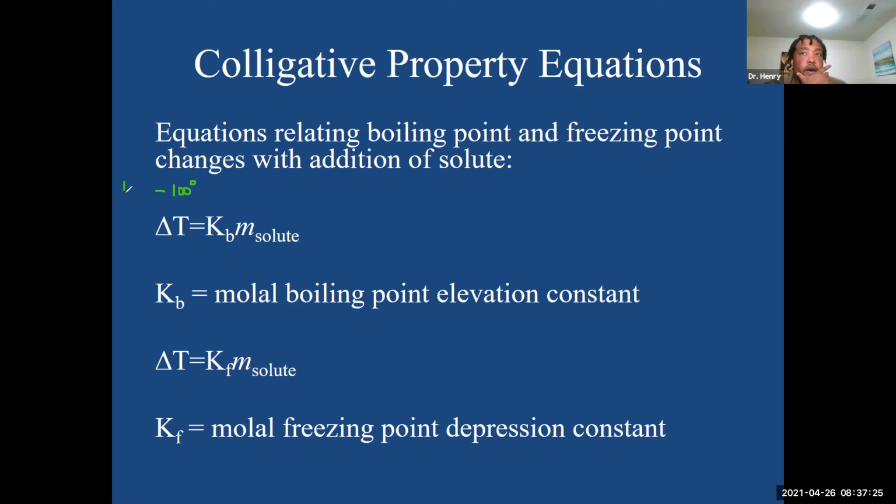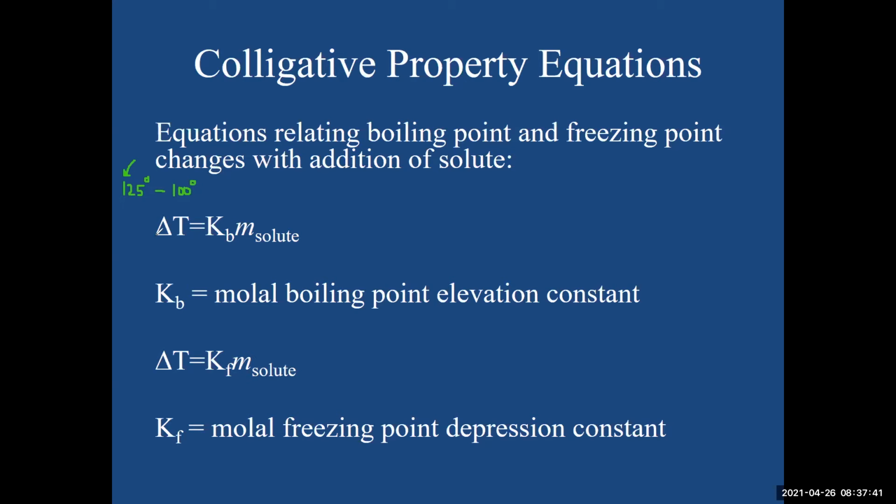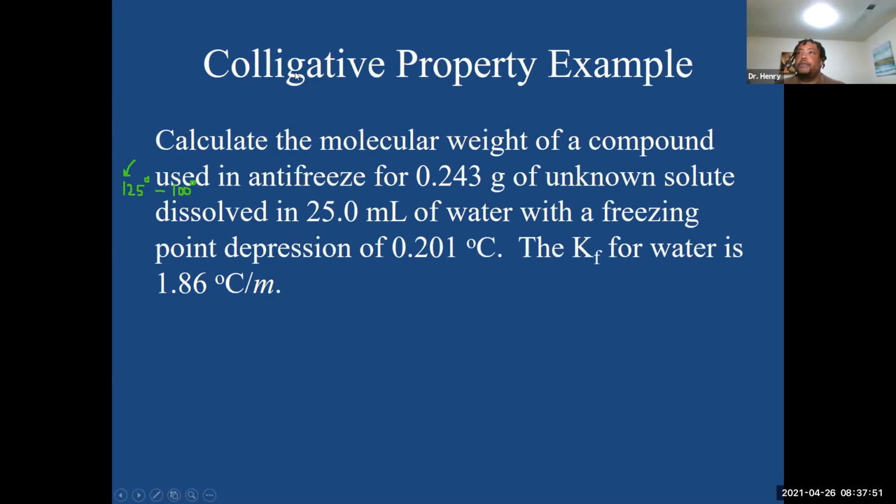Let's say it was 125, right? So then this would be that elevated temperature. What we're actually calculating is just the difference between our boiling point and what it's gone up to. Do you guys get that? Okay. Same thing with freezing point. Okay, so now we can go back to this.